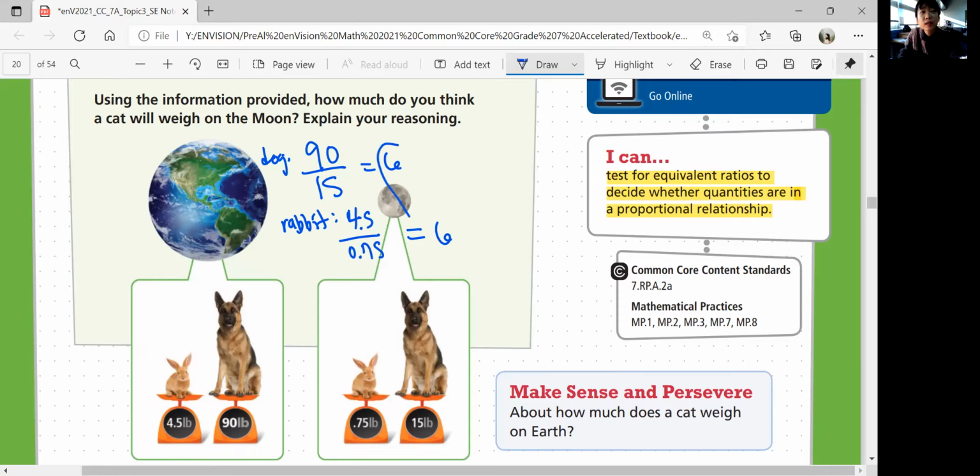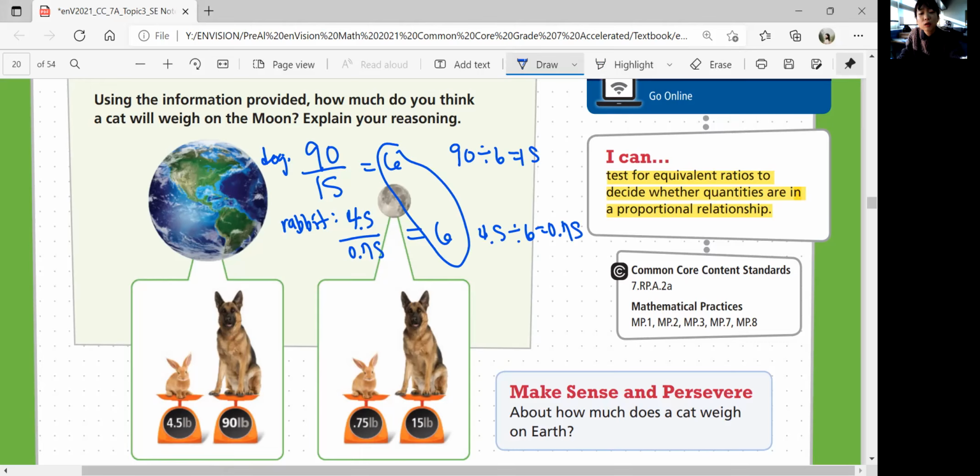So you can see that the proportions are equivalent. From Earth to the moon, you divide by 6. So this means 90 divided by 6 is also 15, and 4.5 divided by 6 is 0.75.